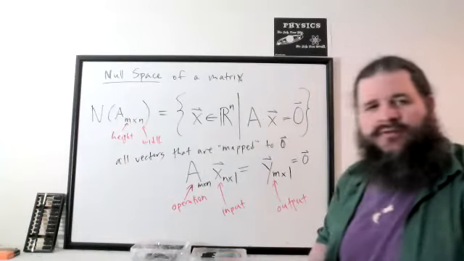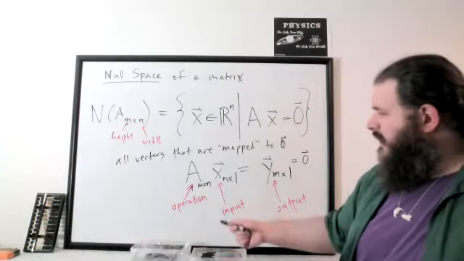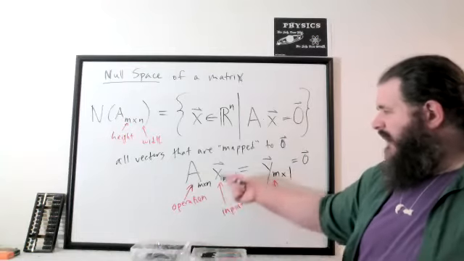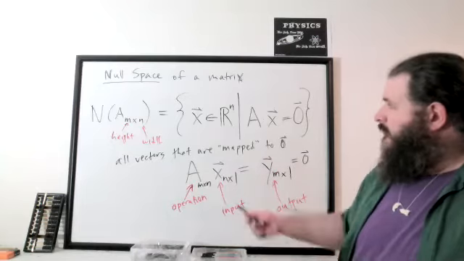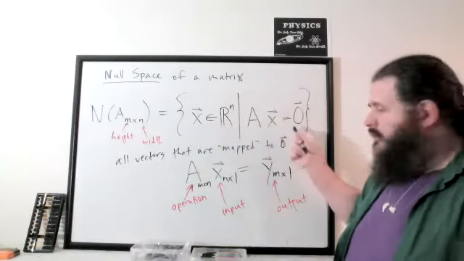We sometimes refer to a function as a mapping: this operation maps X to Y, the input to the output. So we're looking for all of the inputs that are mapped to 0 as the output.